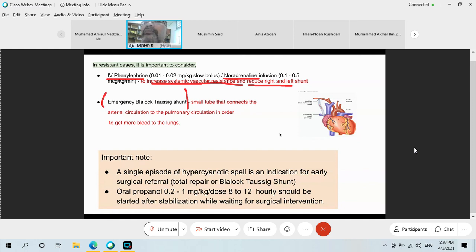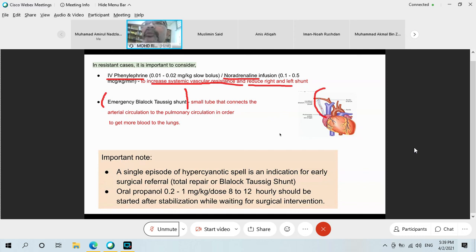This one is modified, like you mentioned. We put a small tube from the branch of the aorta, the subclavian artery, into the pulmonary artery. So you increase oxygenated blood flow to the lungs, so you improve the saturation. Why do we say modified?